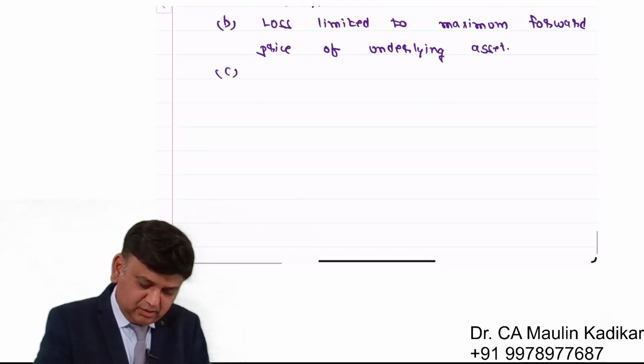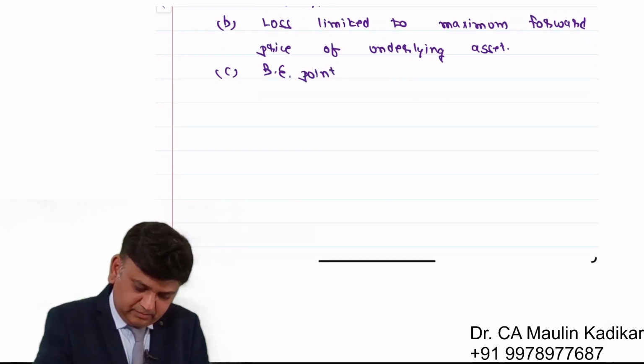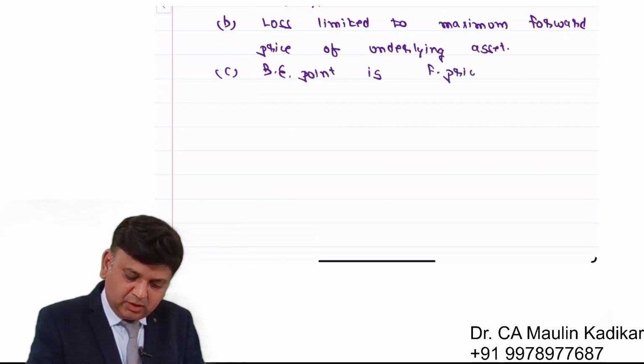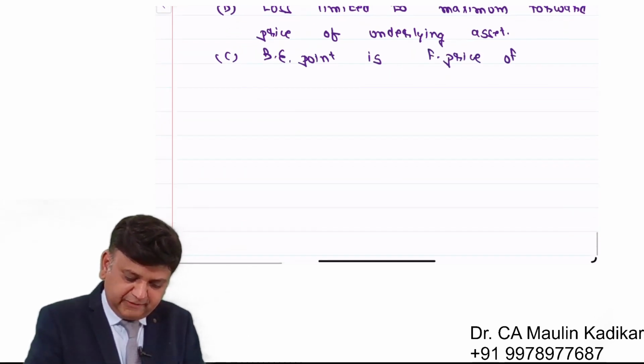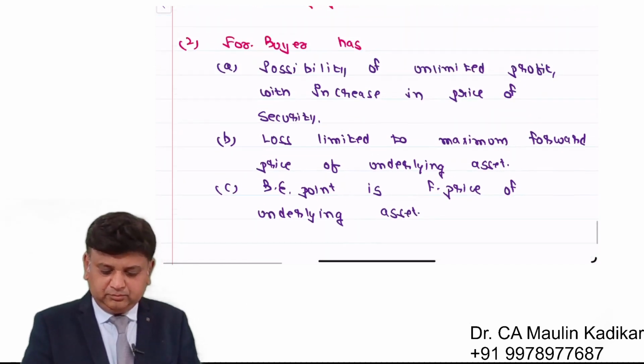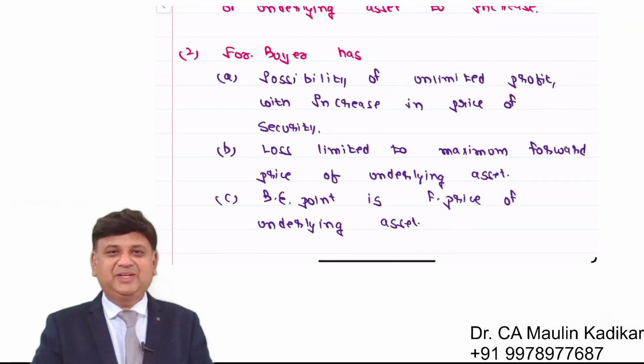C, break-even point is forward price of underlying asset. That is what we understand.